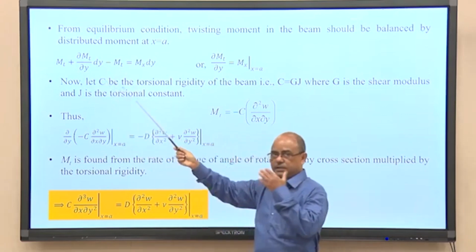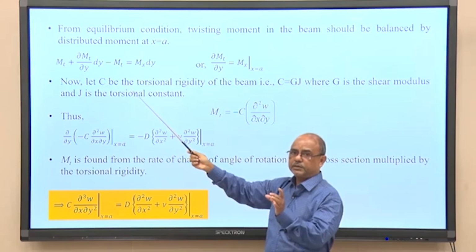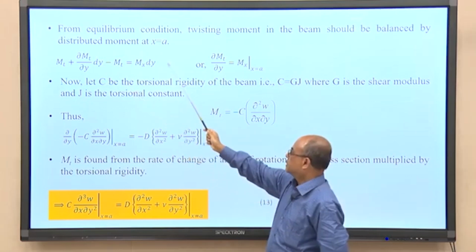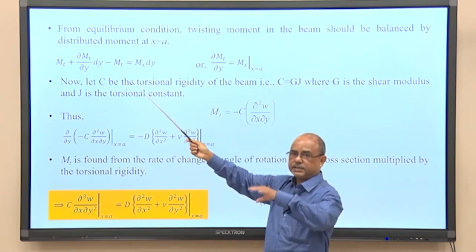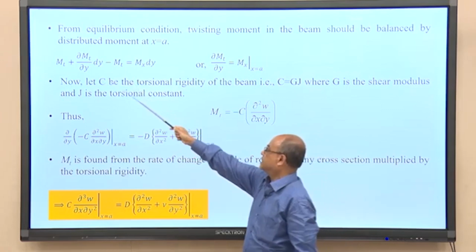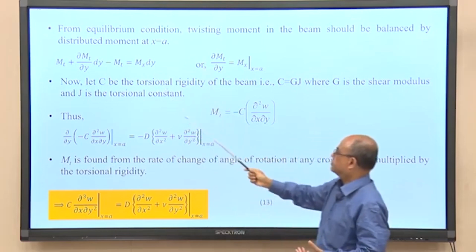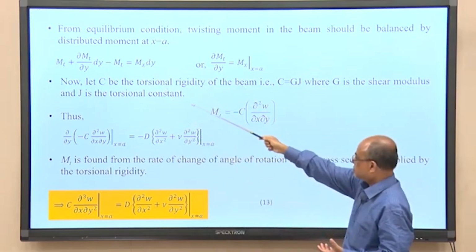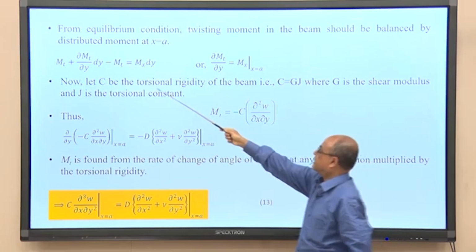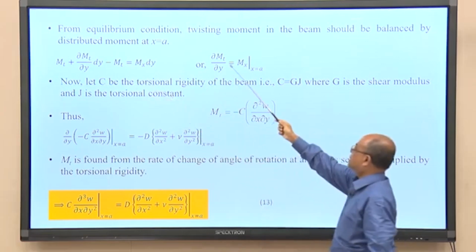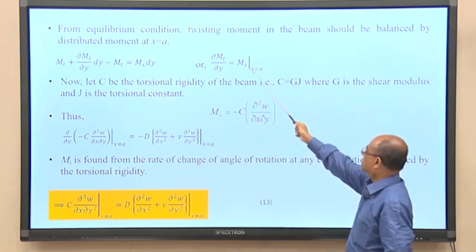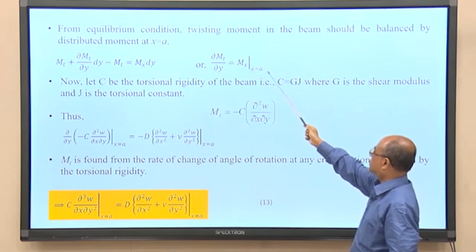If I take the equilibrium of the element for torsional moment, because the sign will be different at the other side, this minus this will be your bending moment Mx dy. So, the first equation is nothing but dMt/dy equal to Mx at x equal to a.